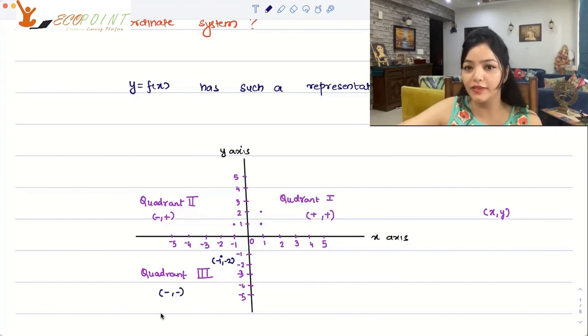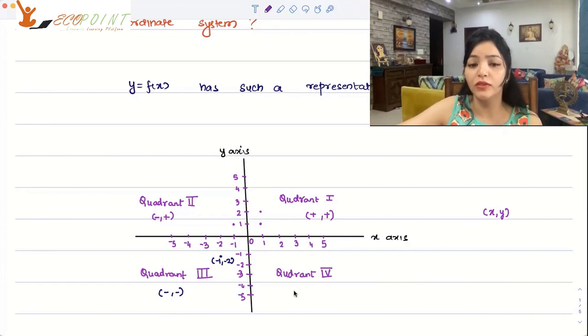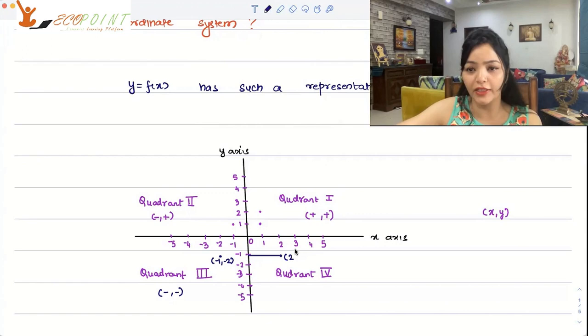Quadrant 4. Now quadrant 4, if you observe, what kind of points are lying here? If I take a point here, this point clearly is where x is 2, which essentially means that this horizontal line is of length 2, and the vertical line is of length 1, but it's in the direction down here where you have negative y's. So hence you have minus 1 here.